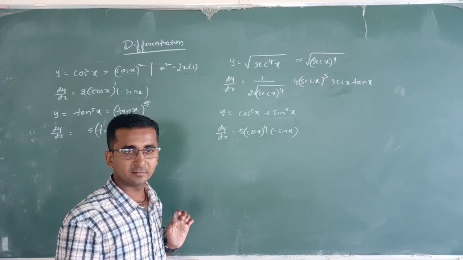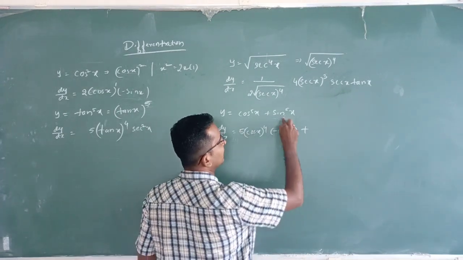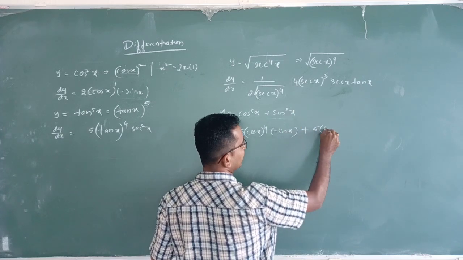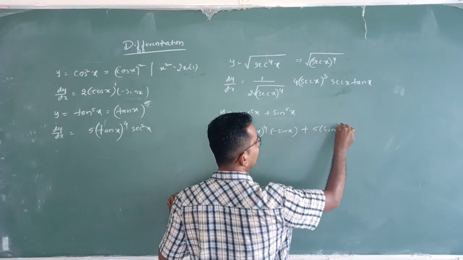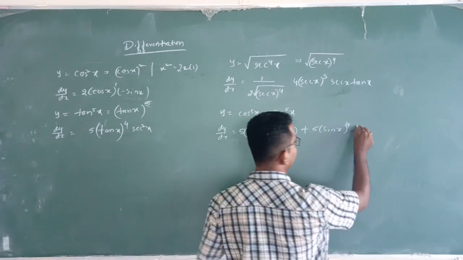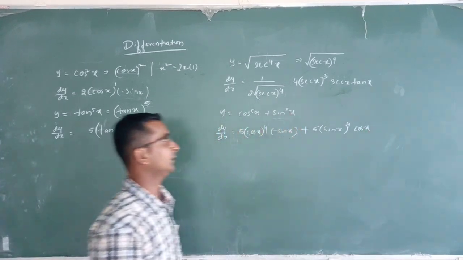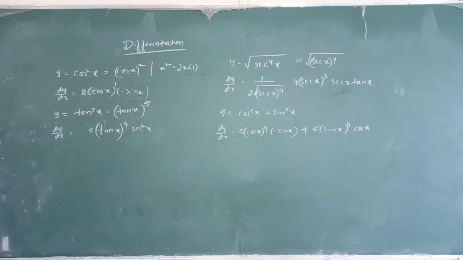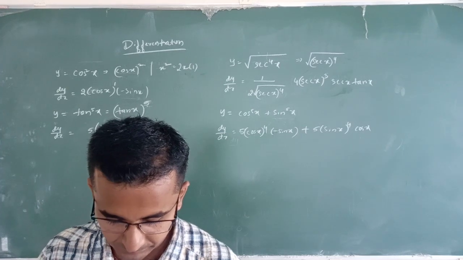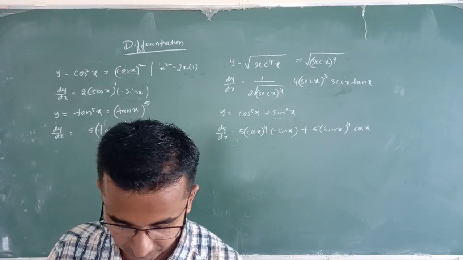Getting? Next, plus sin raised to 5, that is sin x whole raised to 5. It means 5 sin x whole raised to 4. The differentiation of sin x is cos x, very simple. These are all the basic examples you are going to be watching here. Okay. Then the next one.